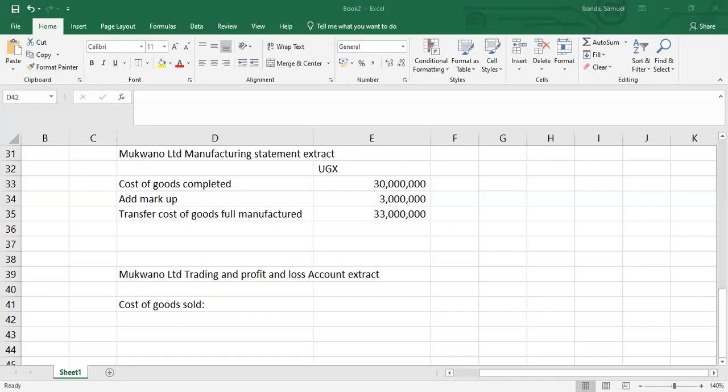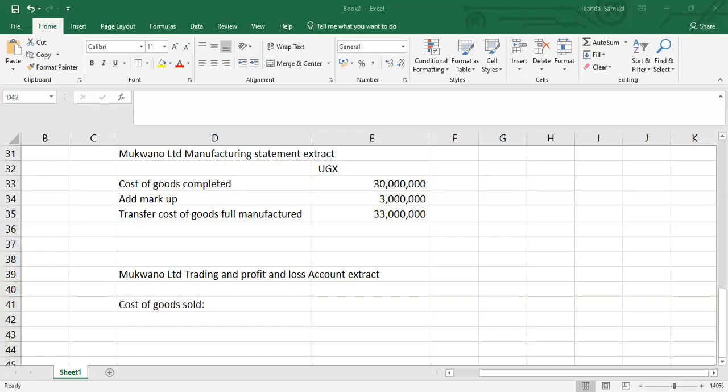And remember that it has the opening stock, and then it has the cost of goods fully manufactured, but at this time we are transferring it at a higher value.